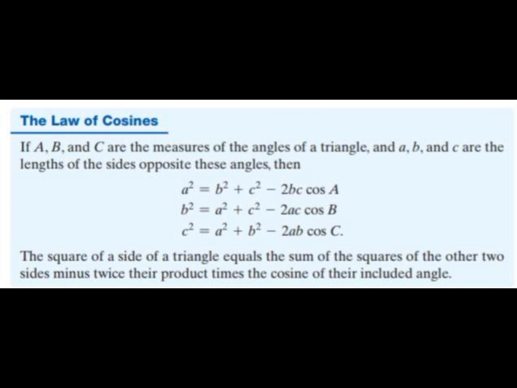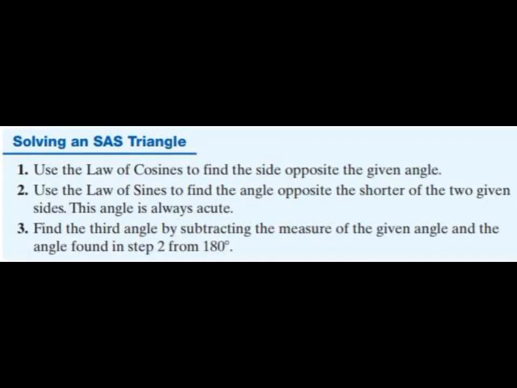Let us now proceed to the exercises on how to solve an oblique triangle using the law of cosines. But before that, I will explain the steps on how to solve an oblique triangle when the given is an SAS triangle or an SSS triangle.